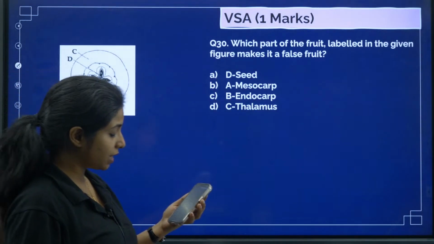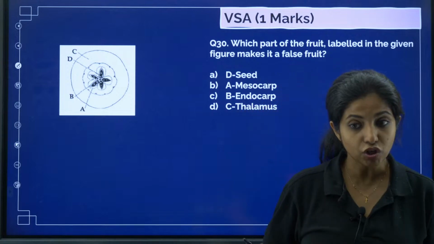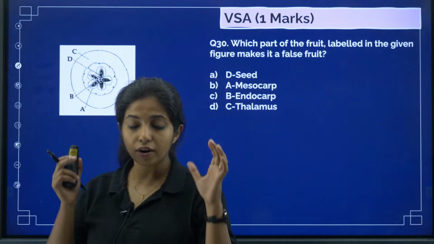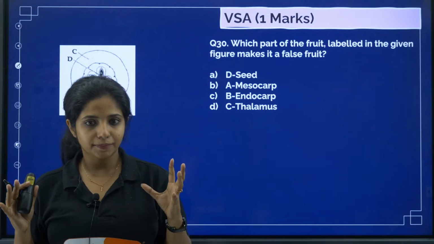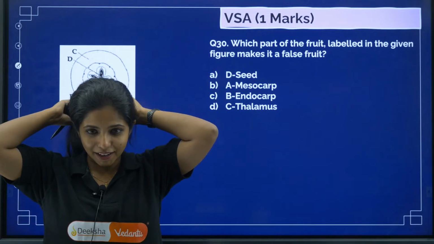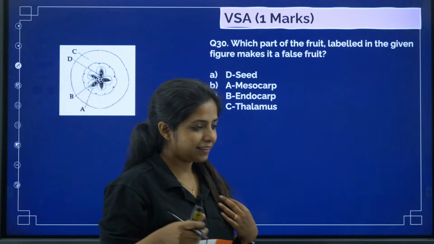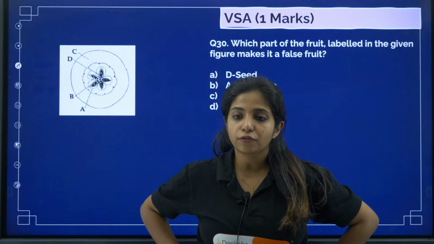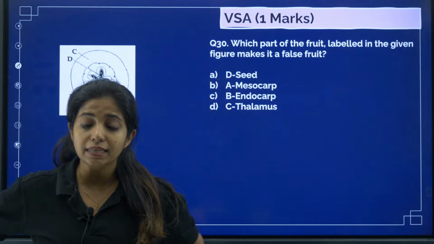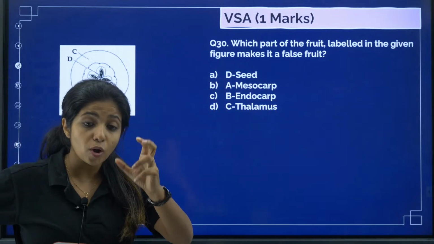Chalo. Now, 30th question. Now, this is something which involves a lot of your concentration on your NCERT. If you are very much focused on your NCERT, you will be able to answer this. Which part of the fruit labeled in the given figure makes it a false fruit? What do you mean by false fruit?